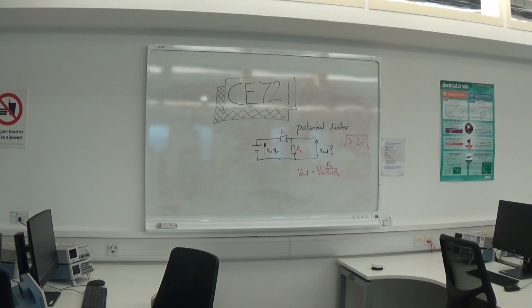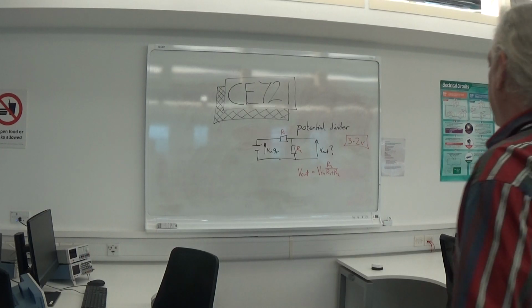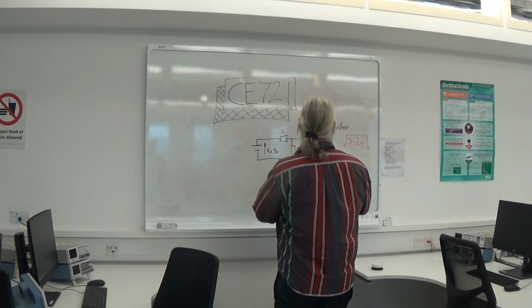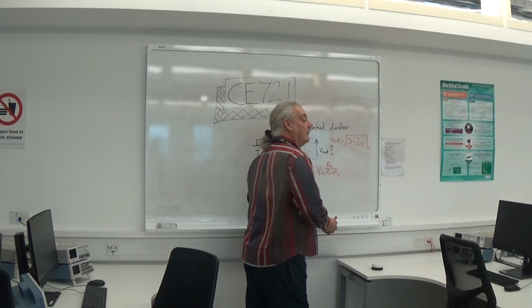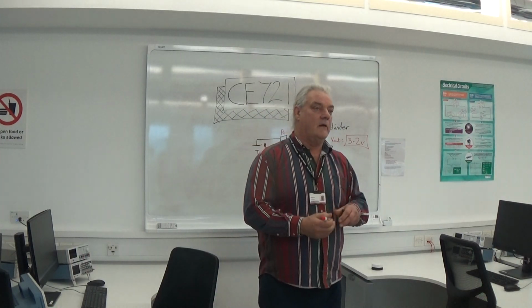But what values, and let's assume that they're K's, thousands of ohms. What value of R1 and R2 do I need to get V out equal to 3.2 volts?